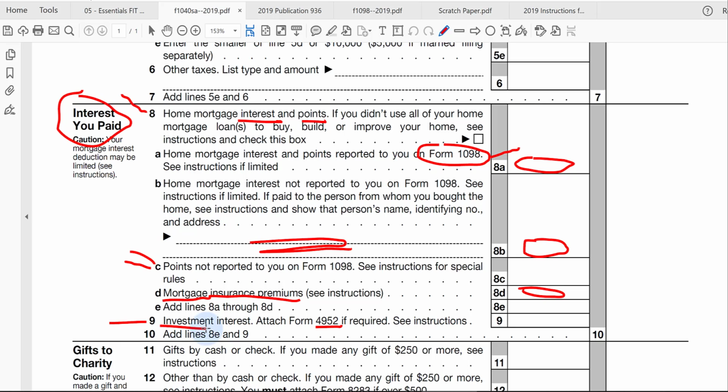There's a limitation in terms of how you treat this income. So that again is reported on this form here. Not too common, but typically the type of interest that can be deducted here is sometimes called margin interest. You're borrowing money from the broker where you're purchasing these investments.